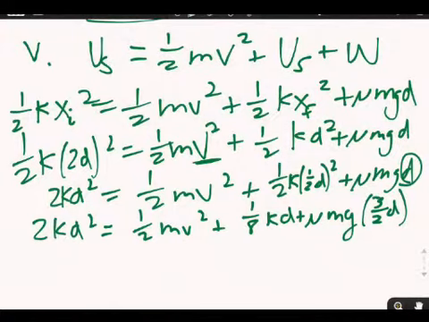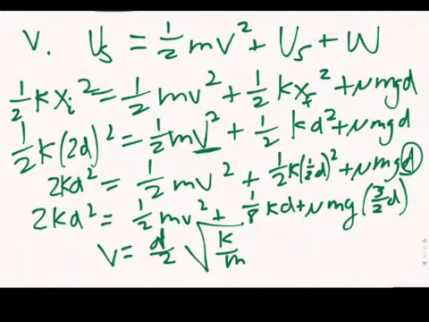And then we solve all this, but in the interest of time, you plug in the mu that you just found and solve it, and you get v equals d over 2 square root of k over m.